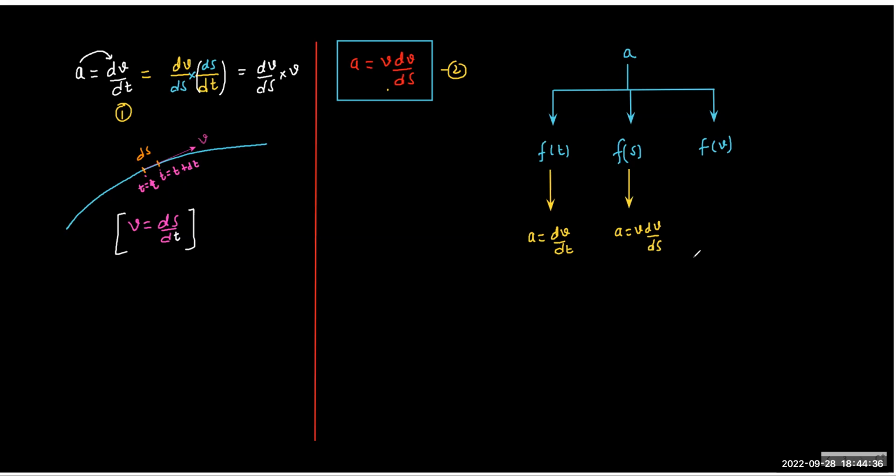Now, the third is very interesting. Third is quite fascinating, I would say. In the third case, when F is velocity dependent, and that's why I'm changing the color, what do you expect for the third case? Can we use the first? Can we use the second, or can we use both? Both.